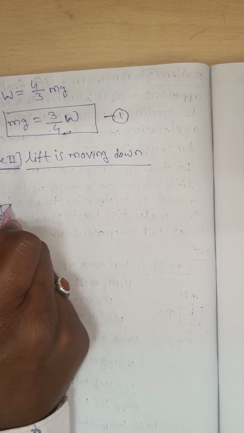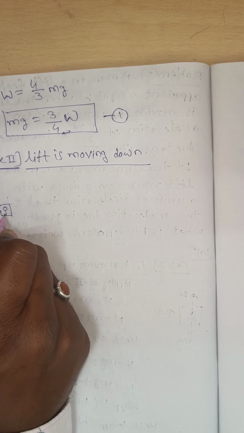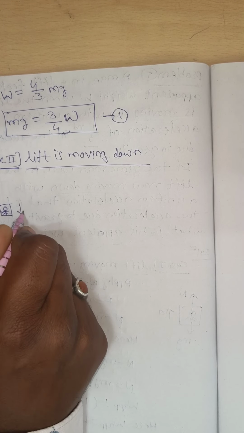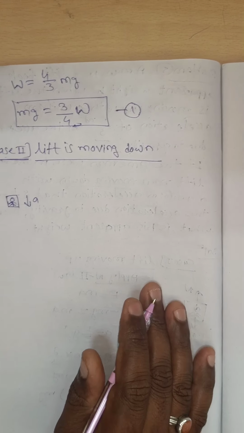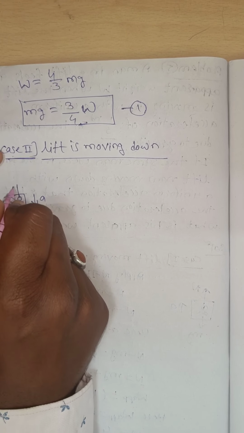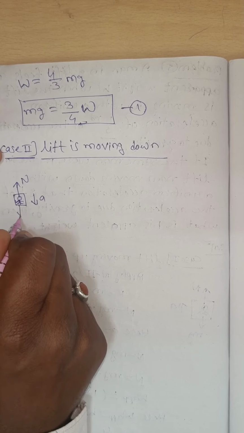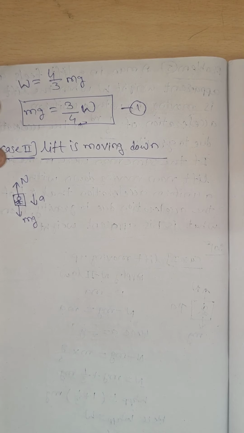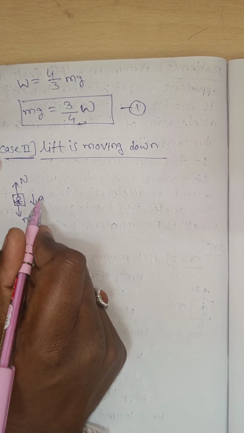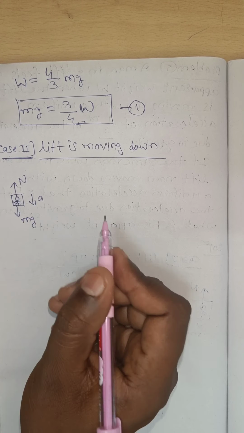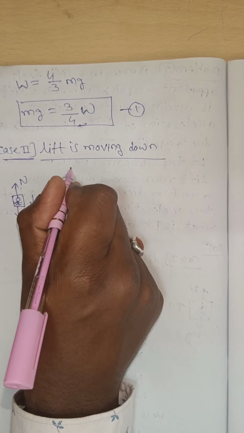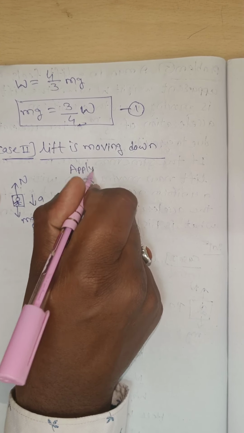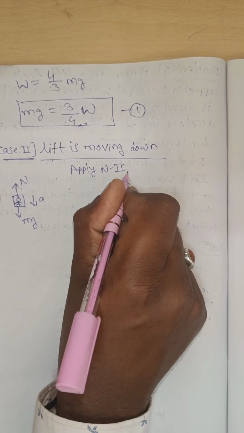Now the person sitting inside, when the lift is moving down, the acceleration is in the downward direction. On that person, the normal reaction is in the upward direction, the gravitational force mg is in the downward direction, and the acceleration is also in the downward direction. Therefore apply Newton's second law.